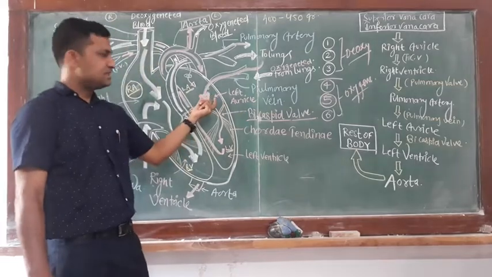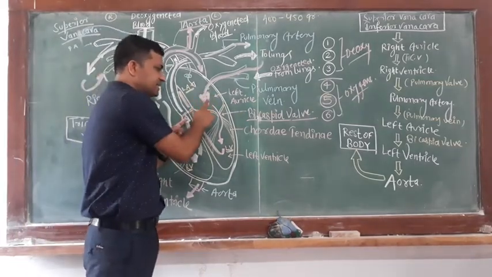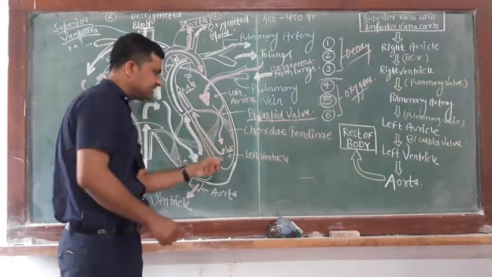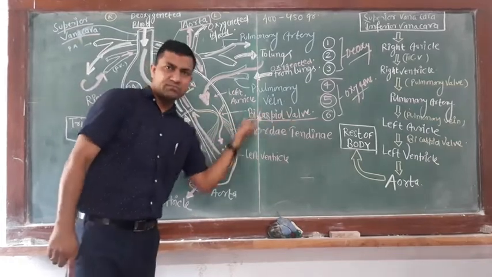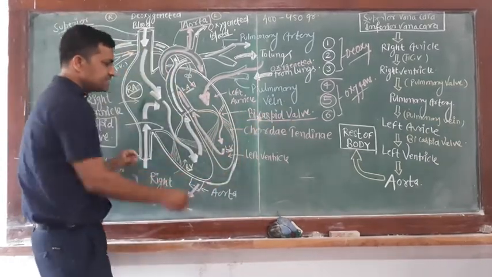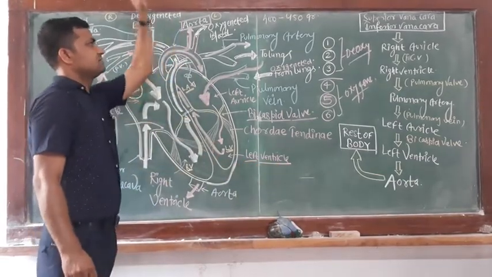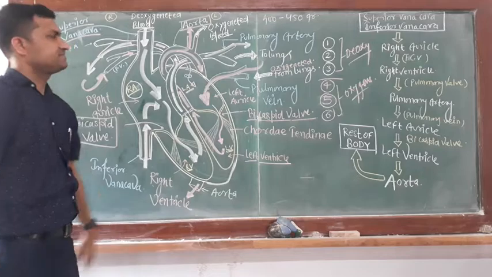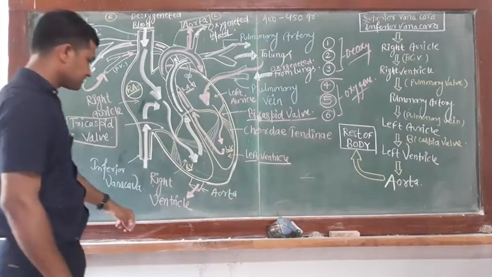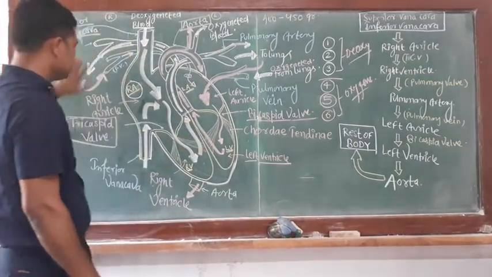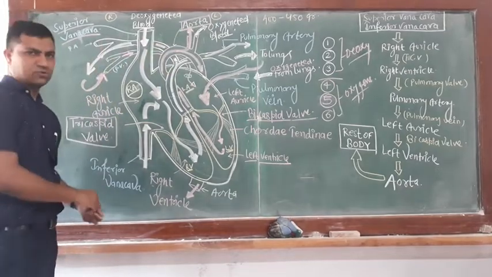Oxygenated blood. Then after, oxygenated blood from the left auricle to the left ventricle with the help of the bicuspid valve. Then after, left ventricle to aorta to the complete body. Simple process. So that is a simple mechanism of blood flow.